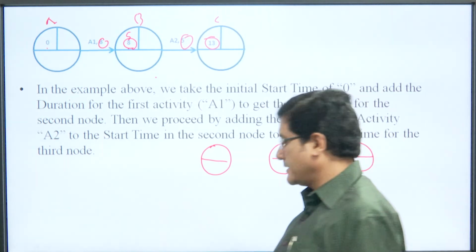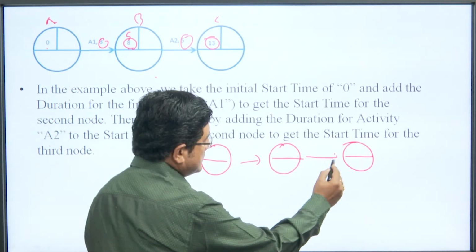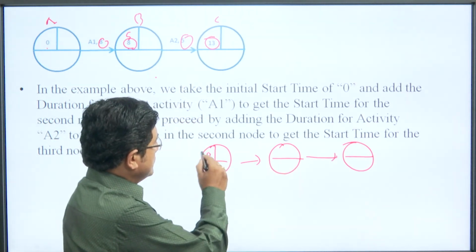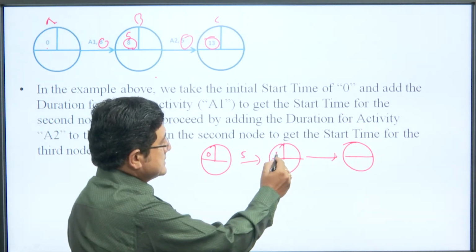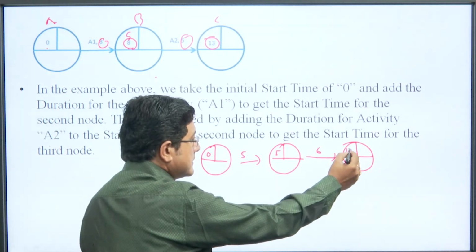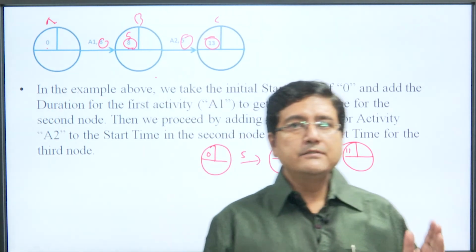These are the activities, these are the nodes, and these are the arrowheads. If it started with 0, 5 hours take, next is 5, then it is 6, next is 11, next is 11.